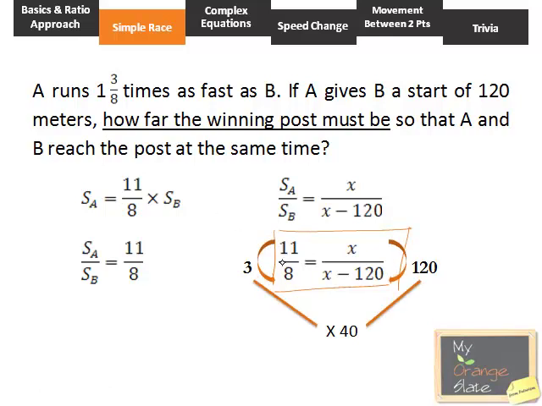We see here that the difference between numerator and denominator is 3 on the left hand side. And on the right hand side, the difference between numerator and denominator is 120.